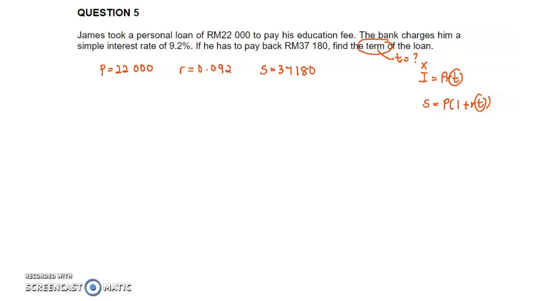So we don't have I in this question, but we know that I equal to S minus P. So since we have value S, value P, and value R, then we can use this formula. The second formula here, check. So we have S, we have P, and we have R as well. So this formula also can be used. Let's say I want to use formula I equals to PRT, which is simpler than formula S.